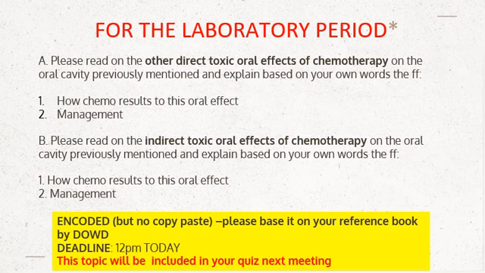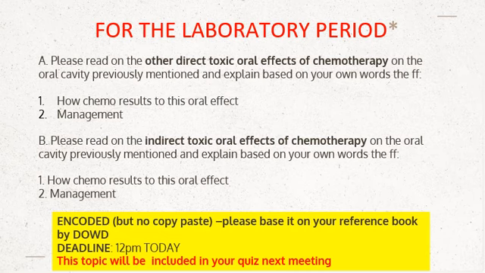So, for the laboratory period, please read on the other direct toxic oral effects of chemotherapy on the oral cavity as previously mentioned, and explain in your own words the following: how that chemo drug results to that type of oral effect, and of course, how you will manage that type of oral problem.